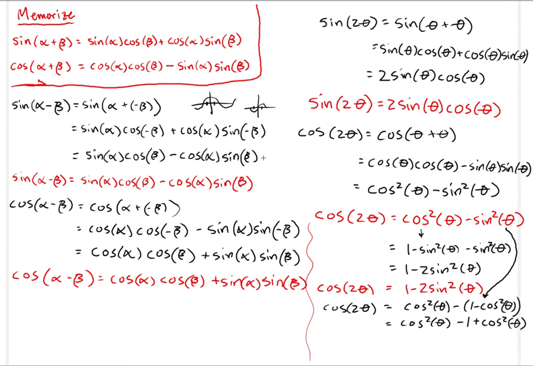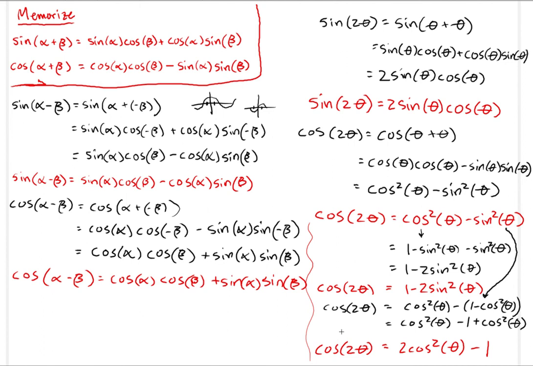So then that leads me to version 3 of the cosine of 2 theta. All right. So with all that, we memorized these two, and we were able to come up with these other formulas, all just based on our knowledge of that and I guess the Pythagorean identity.